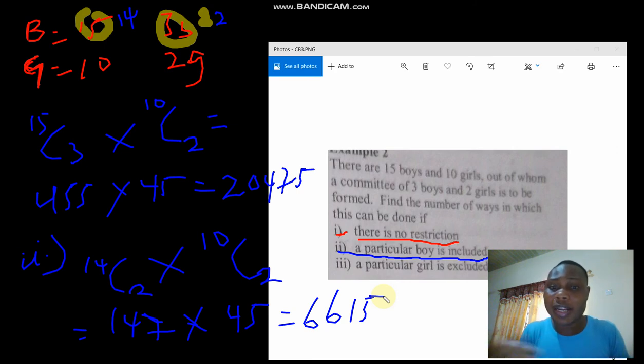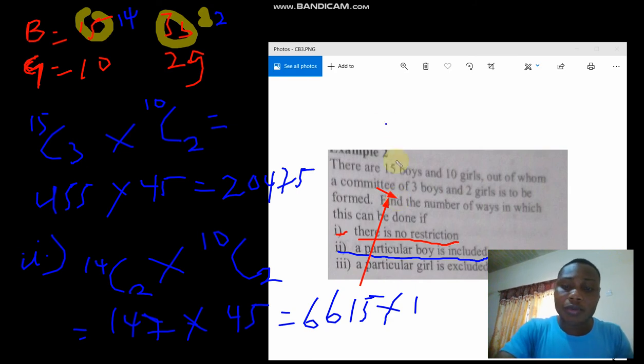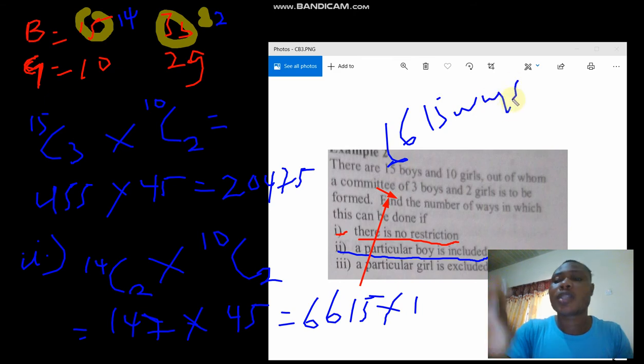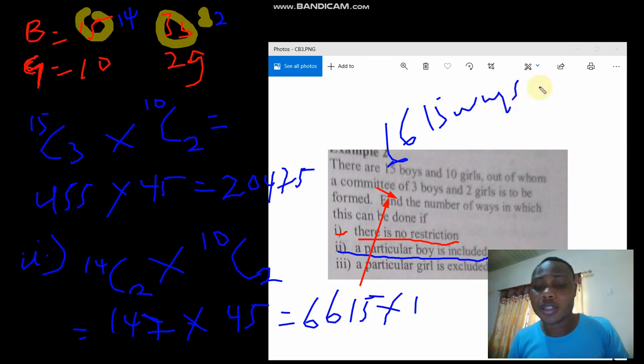So we multiply our answer by 1, and that gives us the same result: 6615 ways. That's how we go about the second part. I hope you are okay.